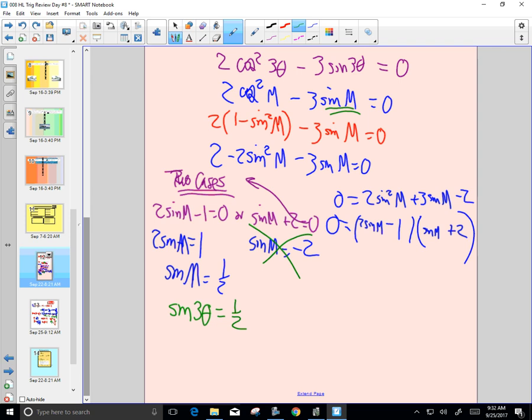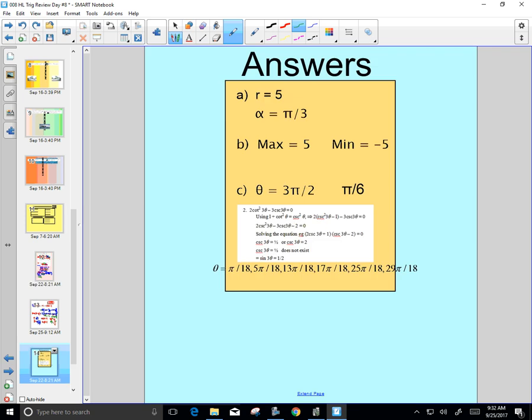Sure. You did? But you understand this better? Yeah, I think what they did, my guess is that they changed cotangent squared to cosecant squared minus 1. I don't think you like doing that.